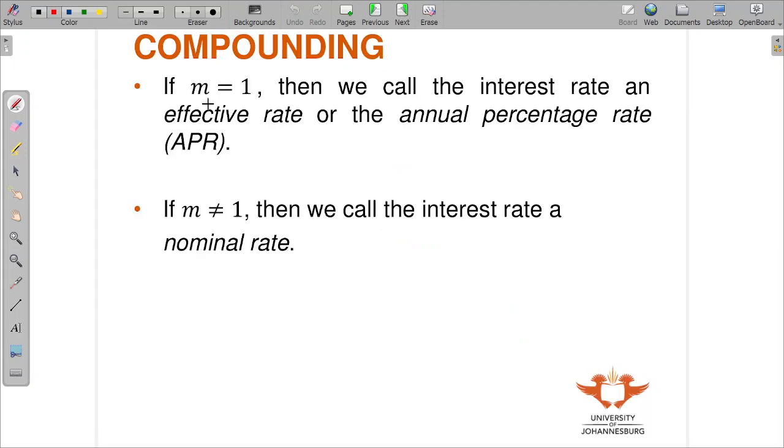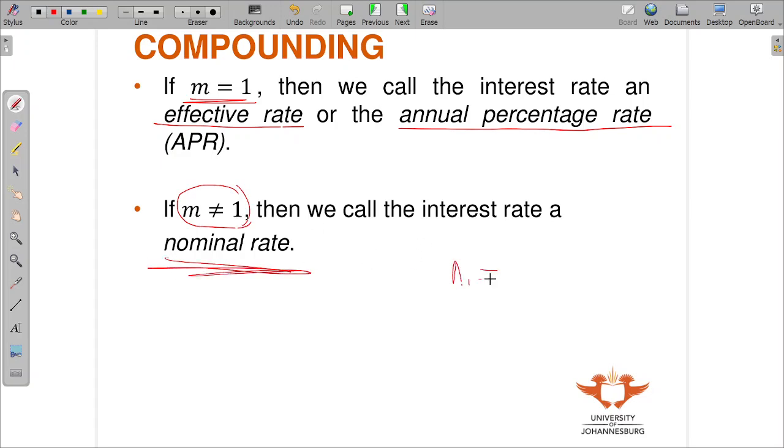All right, so when m equals 1, that is compounded annually. Then we call that the effective rate, or the annual percentage rate. So it's either called effective rate or annual percentage rate if m is 1. But if m is any other value apart from 1, then that is called a nominal rate.